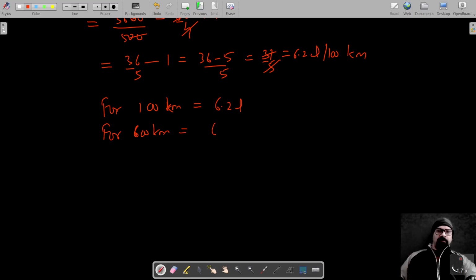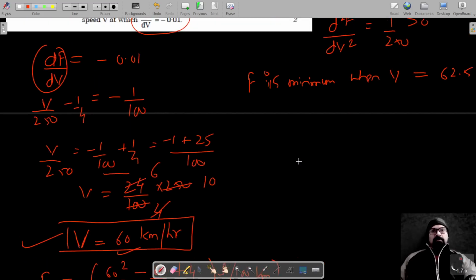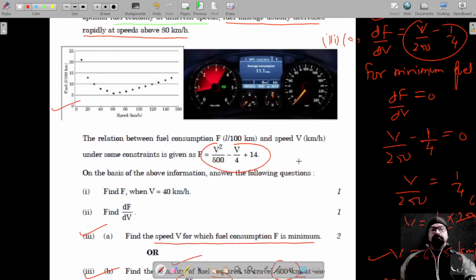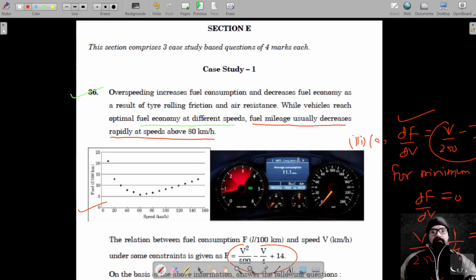So for 600 kilometers, that should be 6.2 by 100 into 600, which gives me 6 sixes are 36, plus 1.2, so that should be 37.2 liter. Moving on to question number 37.